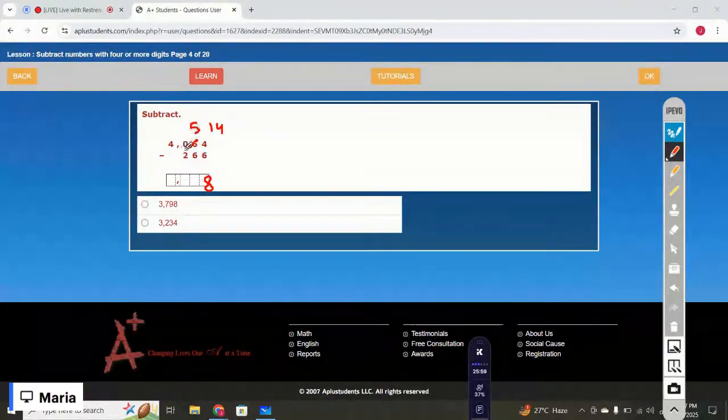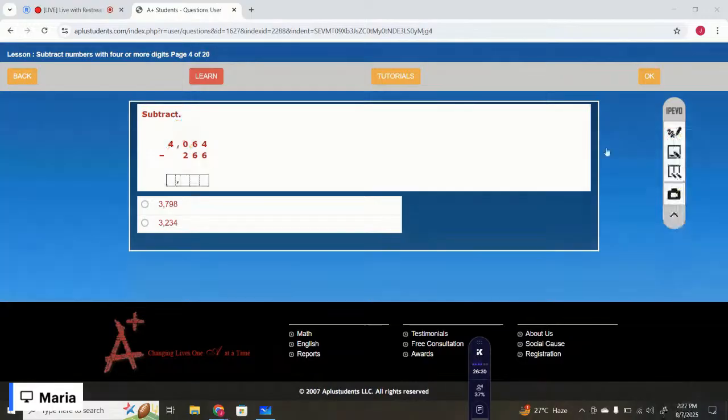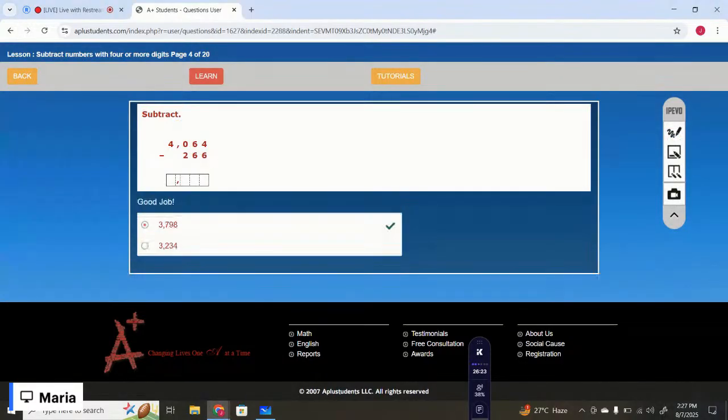We have 0 over here, so we can borrow 1 from here, and that makes 9 here. 15 take away 6 is 9. 9 take away 2 is 7, and 3. That is 3,798. Option number 1 is the correct option.